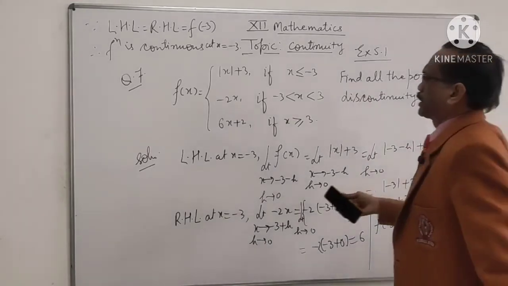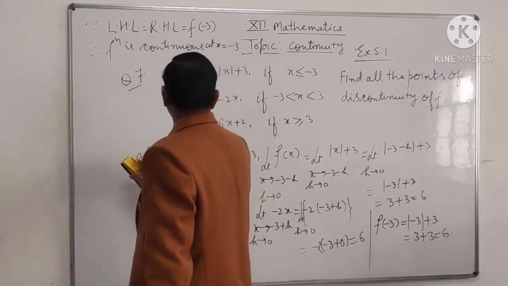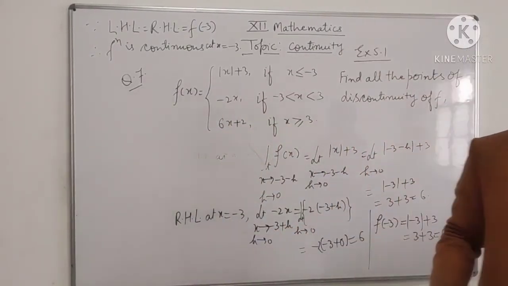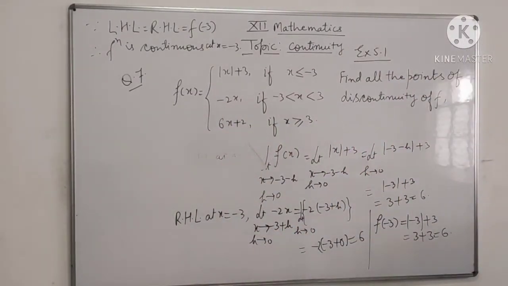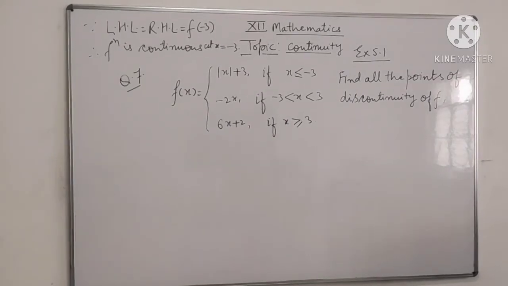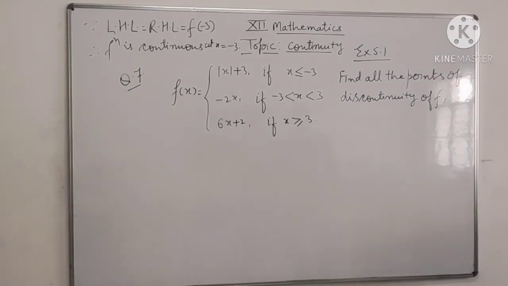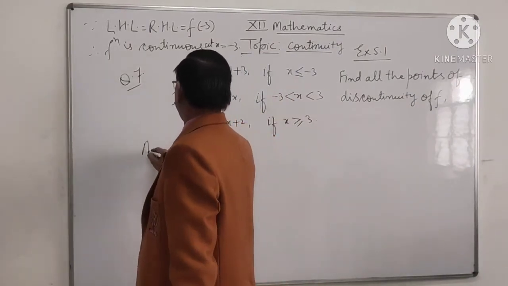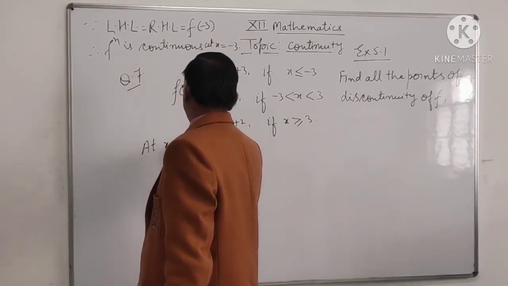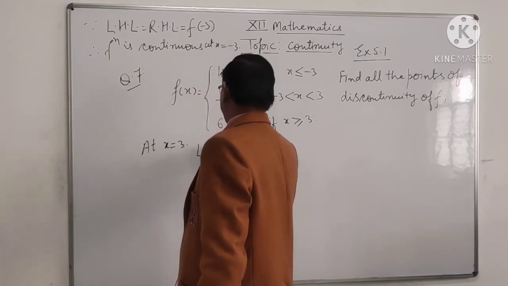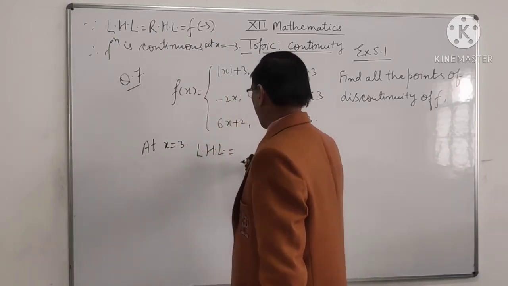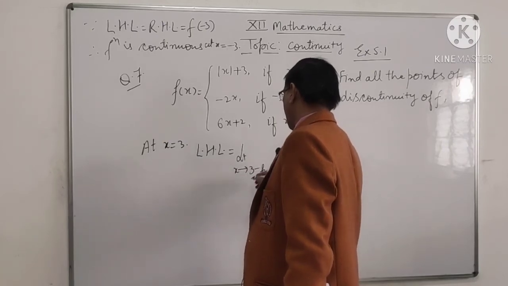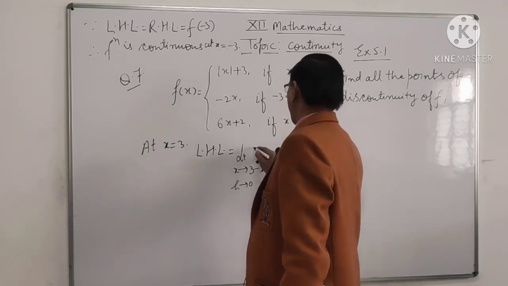Now we will check the continuity at x equal to 3. So let us find the left hand limit, limit x tends to 3 minus h, h tends to 0, of f(x).